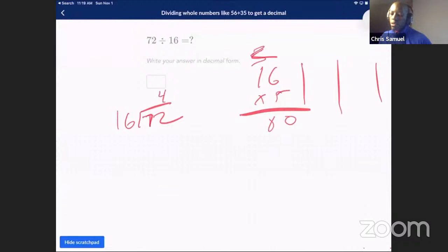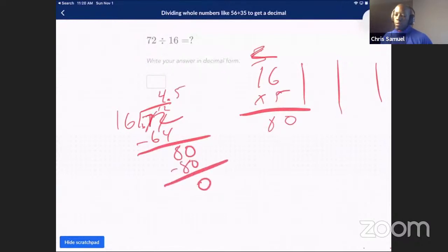So 16 goes in 4 times. 4 times 16 is 64. Then we do our subtraction, where we take this one, we get 6 here, we add 1 here, we get 12, that'll be 8. Then how many times does 16 go into 8? It goes in there 0 times. So this is where we bring our 0 down, and this is where the 5 comes into play. 5 times 16 is 80, and that's 0, so it'll be 4.5.